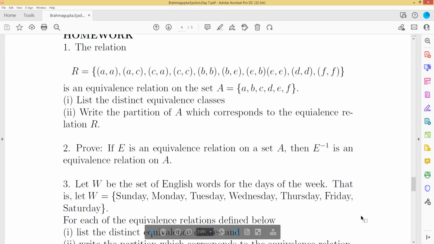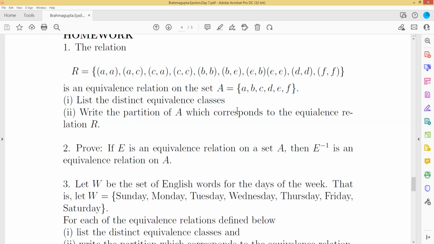Anybody else raise their hand? We have 3 people who will answer. I will start with Jayaditya. What are the equivalence classes, Jayaditya?